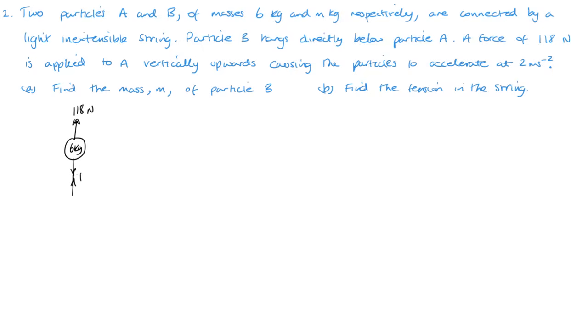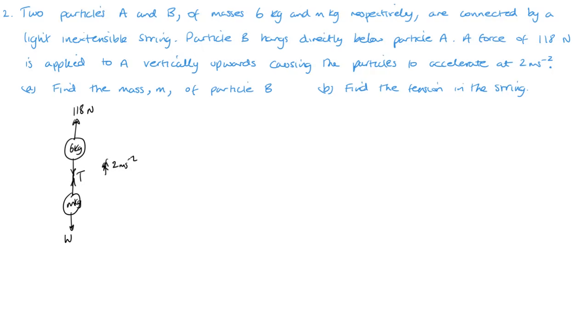And then we've got the tension in the rope. This is to the mass of m kg, and obviously down here would be that overall weight. Okay, and we are accelerating at 2 meters per second squared going upwards. And we've got to find the mass of particle B.